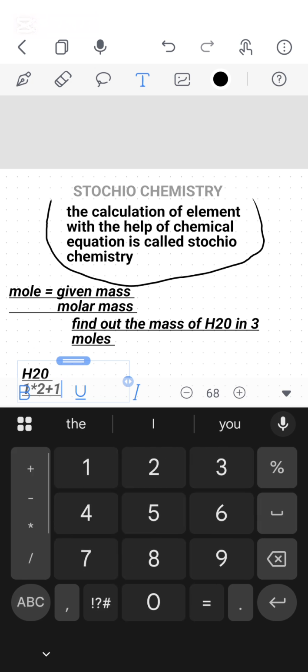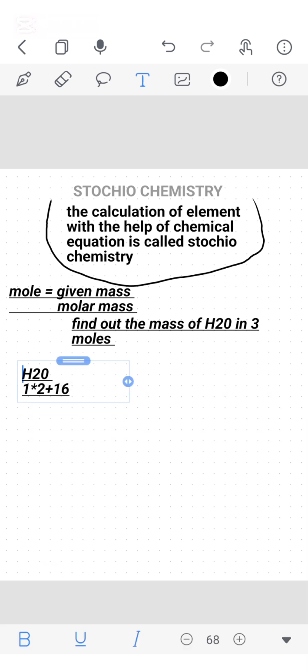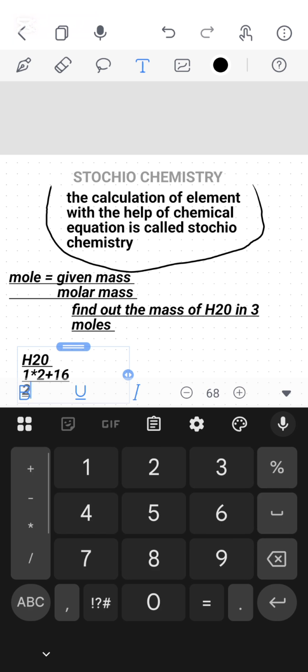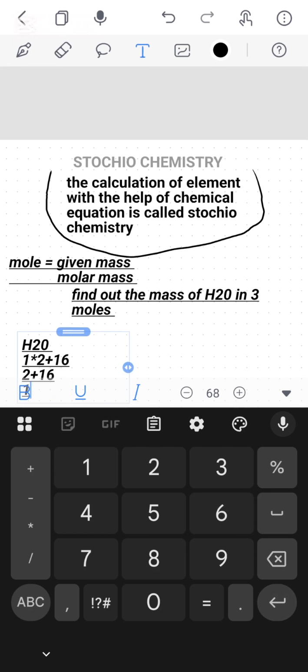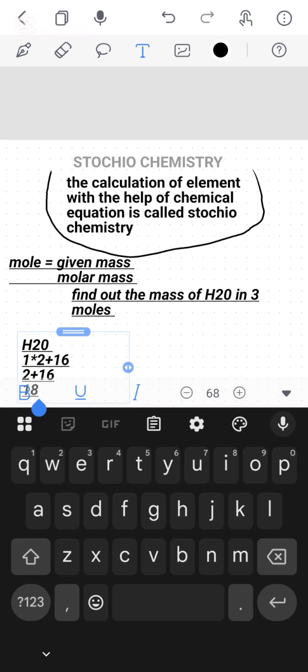So 1 multiplied by 2 is 2, plus 16 is 18. So 18 is our molar mass.